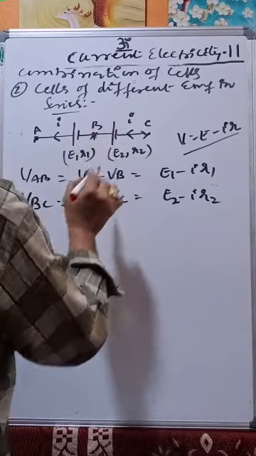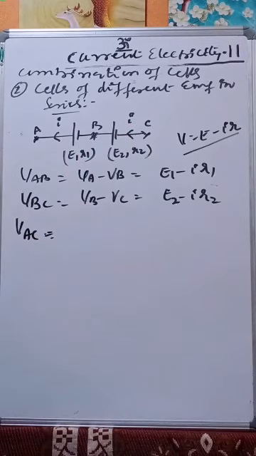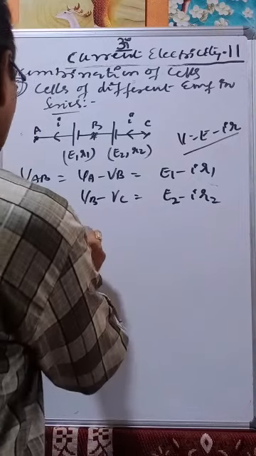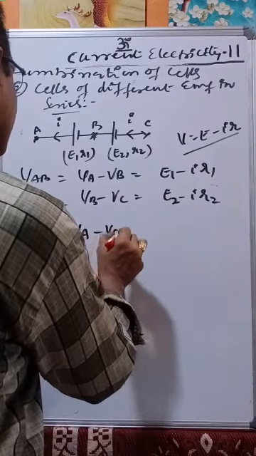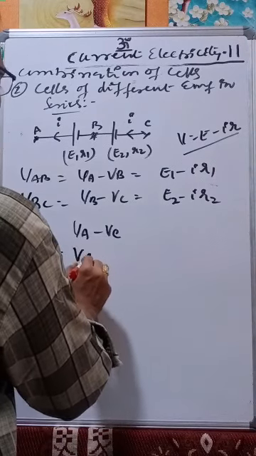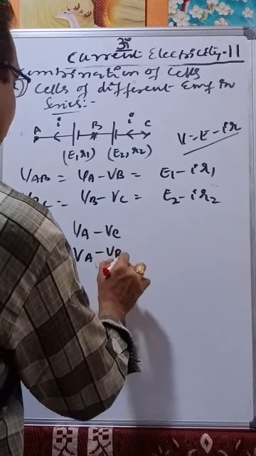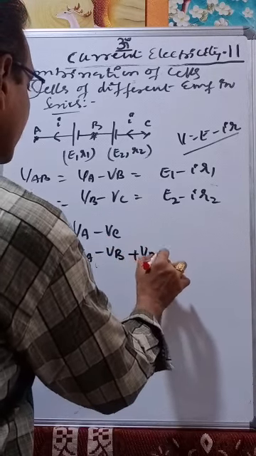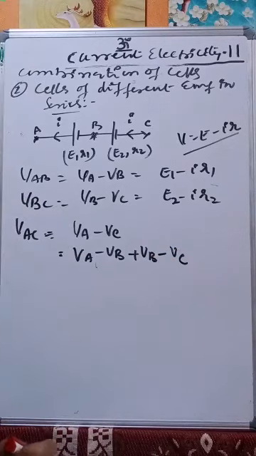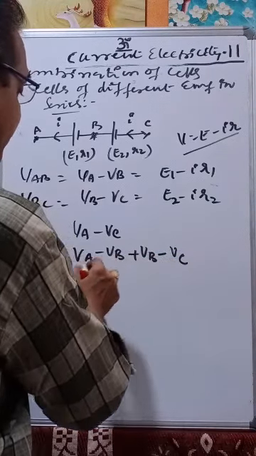Positive negative, positive negative. Therefore, what is VAC? VAC equals VA minus VC, that equals VA minus VB plus VB minus VC. We can write it like this, VB gets cancelled.